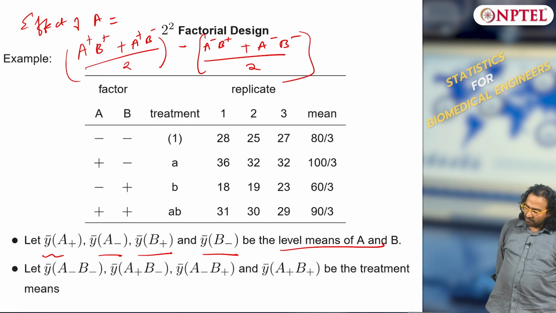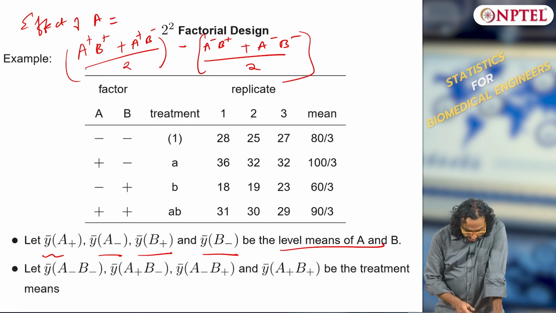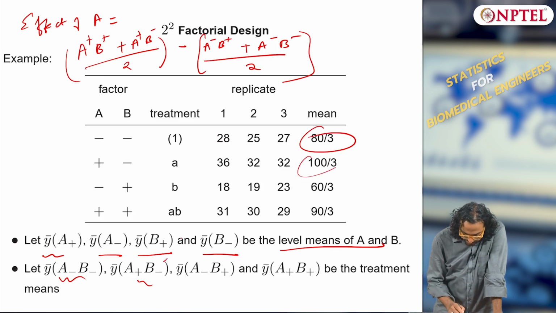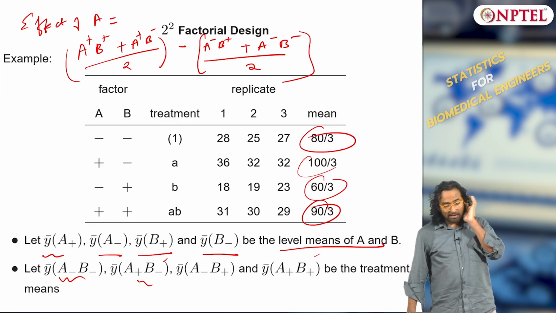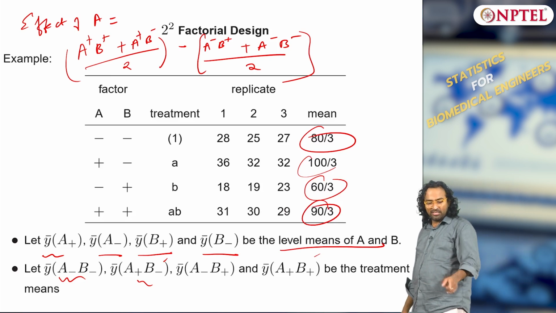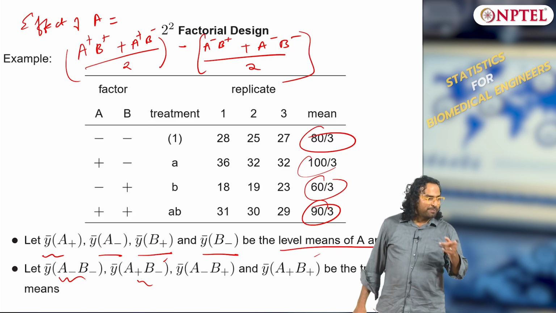Y bar A plus is the level mean of A, and these are the corresponding treatment means. A minus B minus, what is A minus B minus? This is 80 by 3, right? And A plus B plus is 100 by 3. Got it? But y bar A plus will have 6 values in this case, because it repeats twice, A plus B plus and A plus B minus.